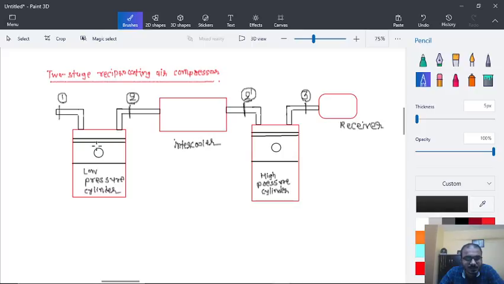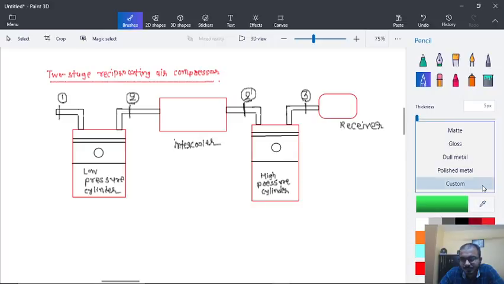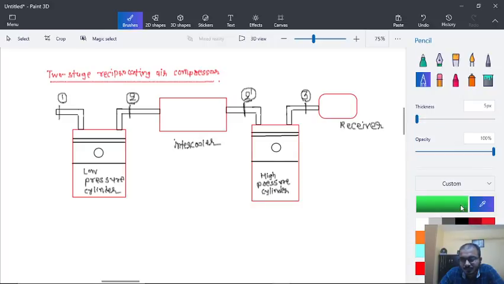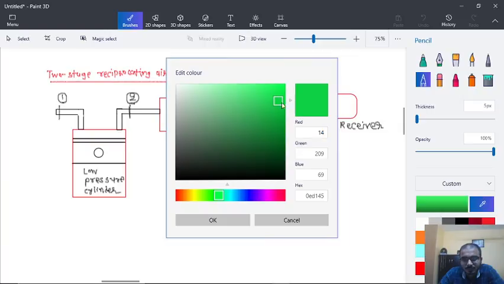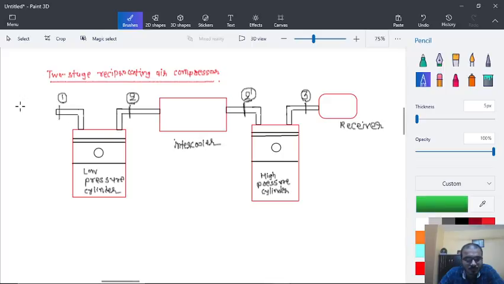The way we have designated these points, the air is entering from here, so this is the entry of air, air in, and here the pressure value is P1 and volume is V1.